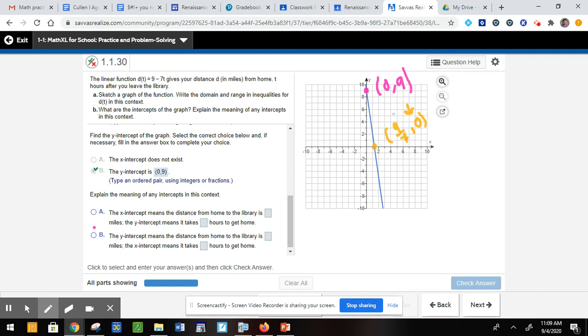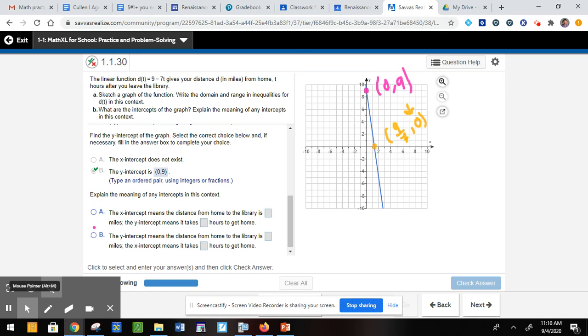And actually that means you probably walked pretty fast if you're walking that 9 miles. I'm sorry, it took you 9/7 of an hour to walk 9 miles. That's basically jogging at that point, I suppose. All right, so it says the x-intercept means the distance from home to the library is blank miles.